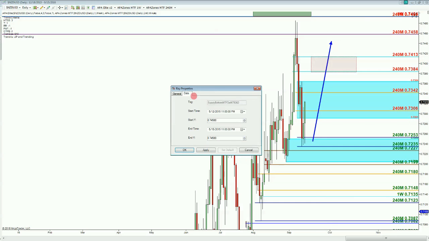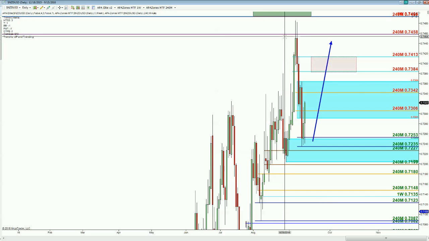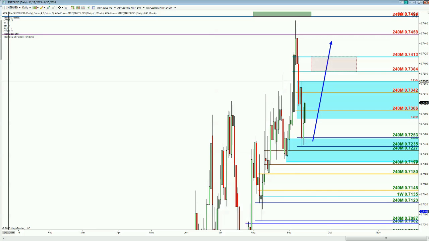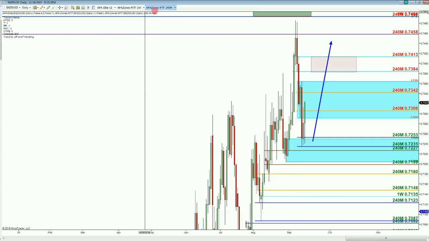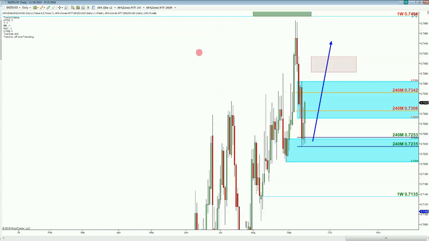And if we look at when this level was actually drawn, this was drawn back on 5/12 of 2015, over a year. This level has been on our charts, and you can see the reaction of price up there. So I think that's really cool, and hopefully that gives you some good insight as to what to expect on the New Zealand dollar this up and coming week.